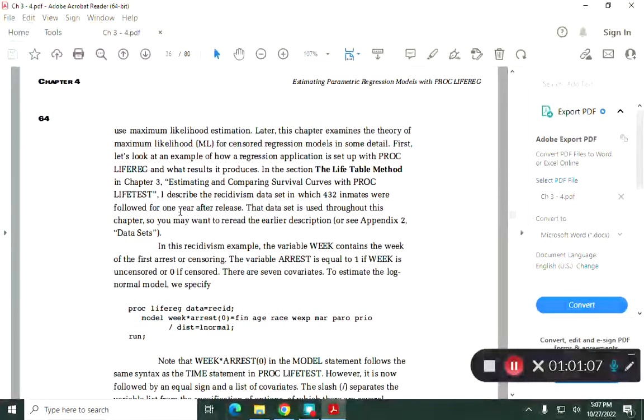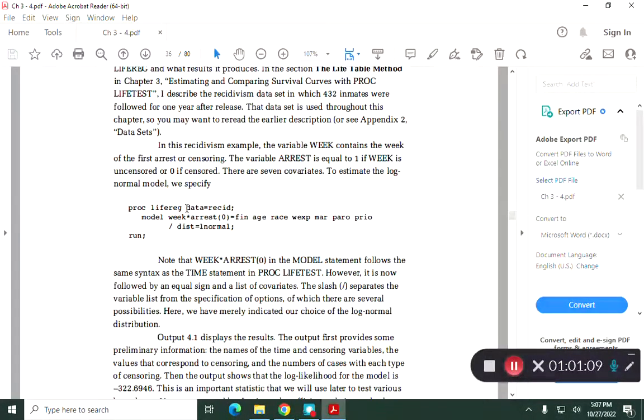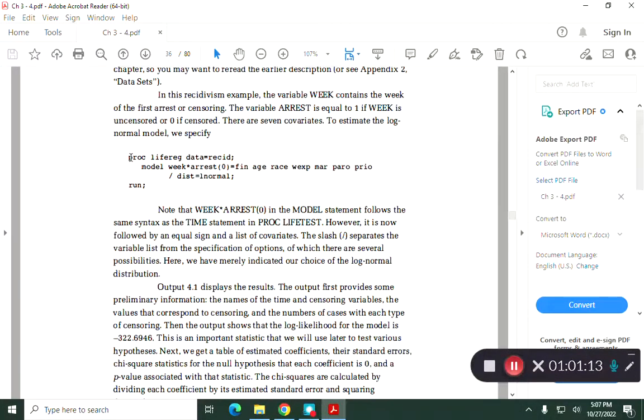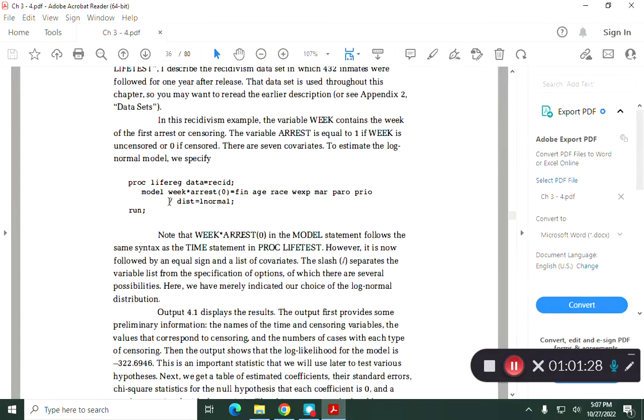So now in life regression, the way we write this is, rather than proc lifetest, data equal to something, now it is proc lifereg, life regression, and then after that we have the model statement. After model is what?